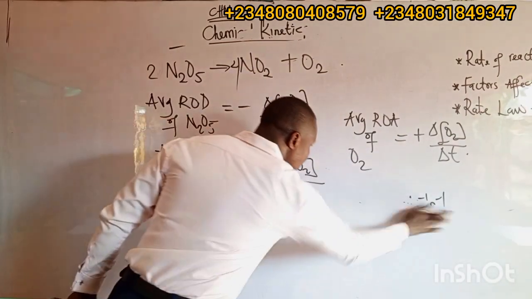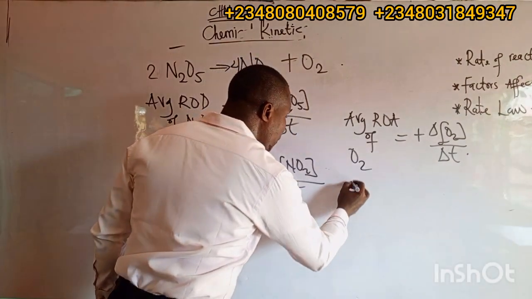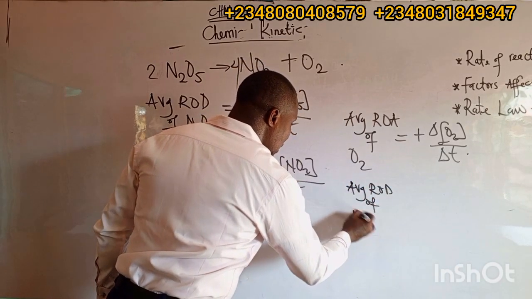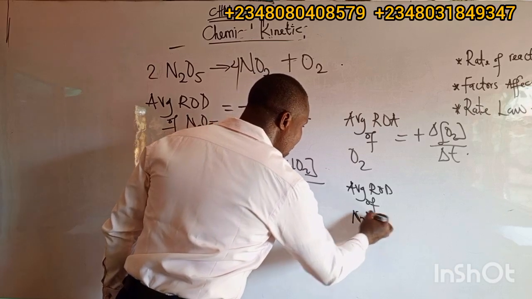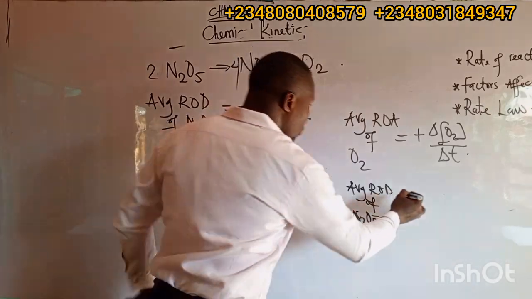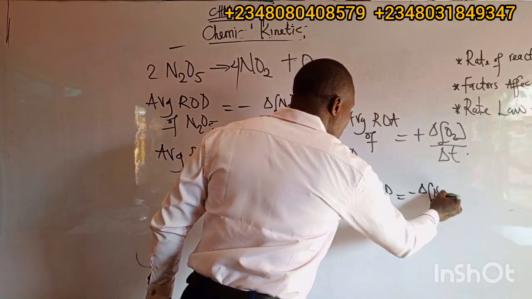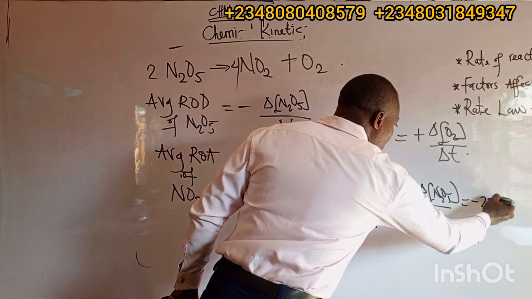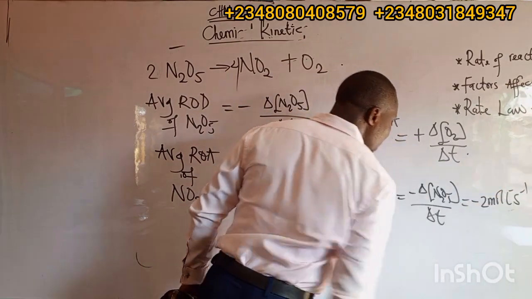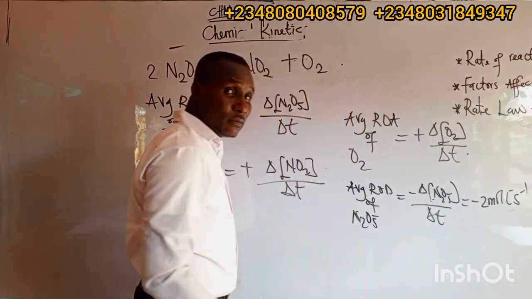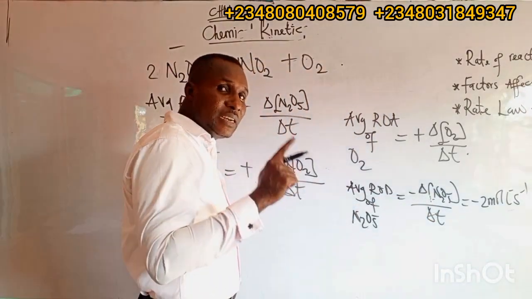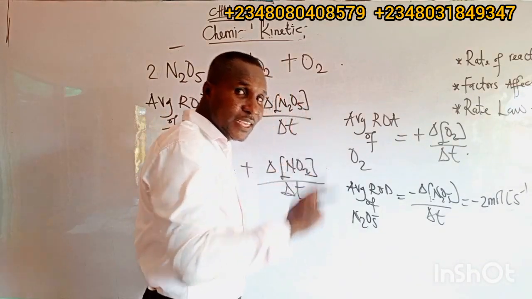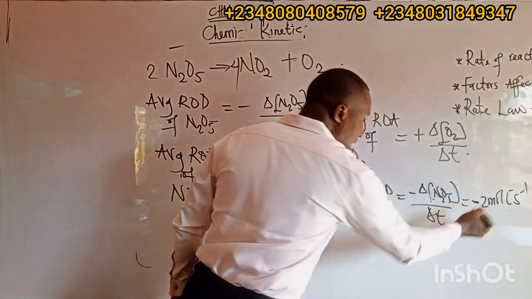For example, if the average rate of disappearance of N2O5, which is minus change in concentration of N2O5 over change in time, equals minus 2 mole per liter per second, it means this reactant, N2O5, is decreasing by 2 mole per liter in every second. That's the meaning of this negative sign.